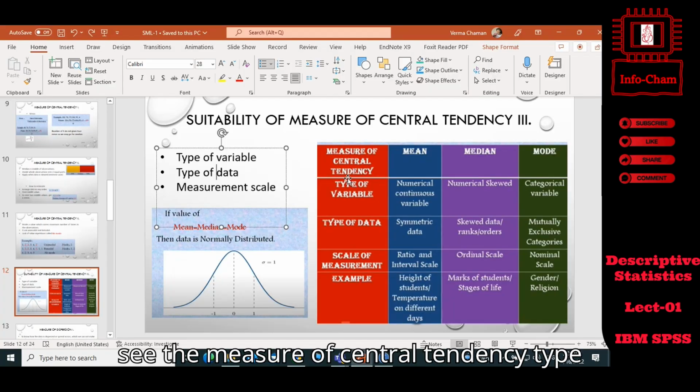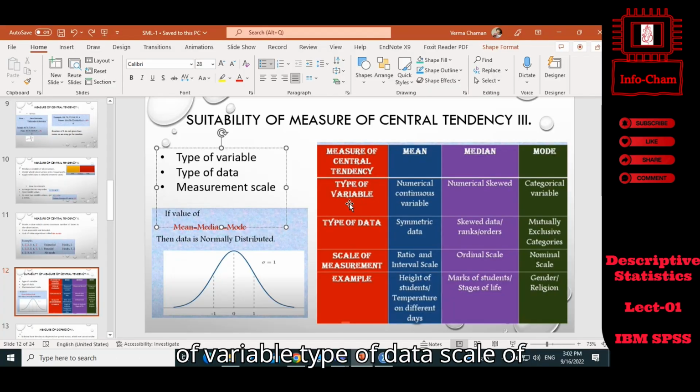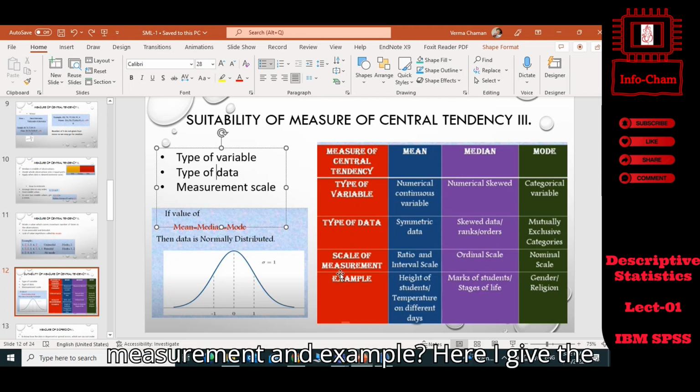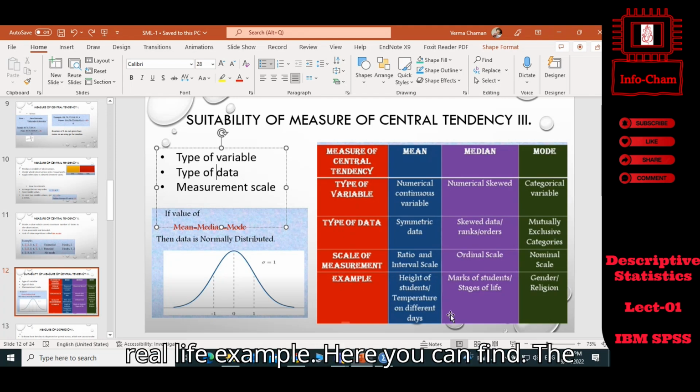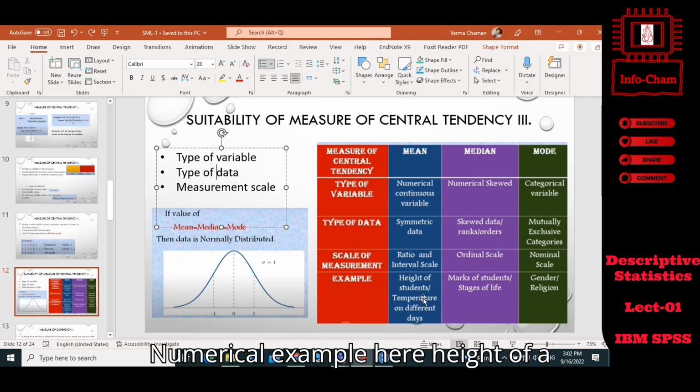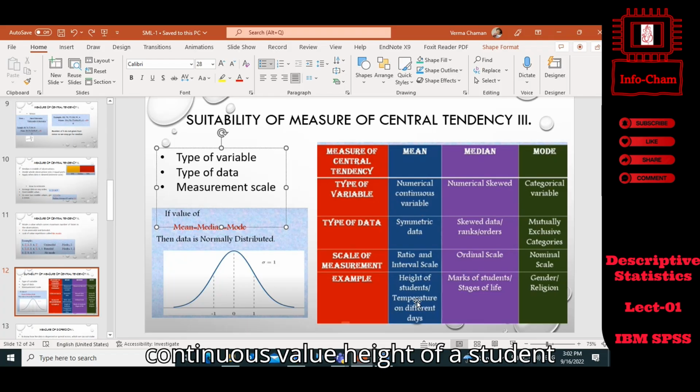Can you see the measure of central tendency, type of variable, type of data, scale of measurement, and examples here. I give real life examples, you can find the blue ones. If the type of variable is a numerical continuous variable, for example the height of a student, it is a continuous value, not discrete.